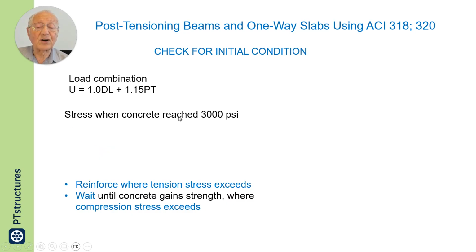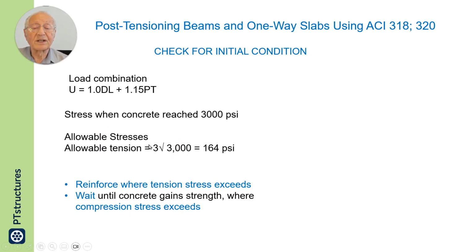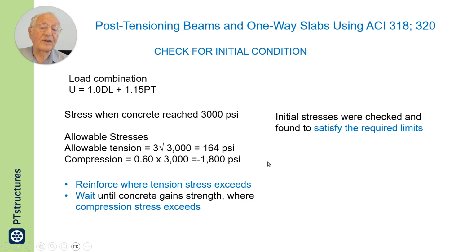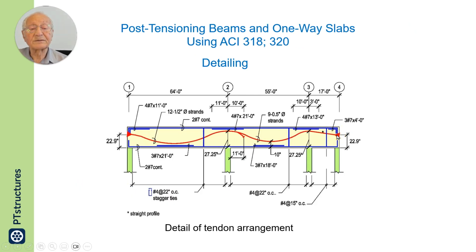At stressing, concrete does not have its matured strength, so in this case 3000 psi is specified at the strength when concrete is stressed. The allowable values are this amount for tension and this amount for compression. These are the extreme fiber allowable values. Initial values are checked and found to satisfy the requirements.